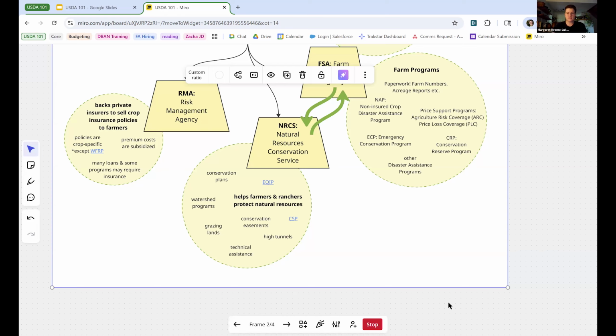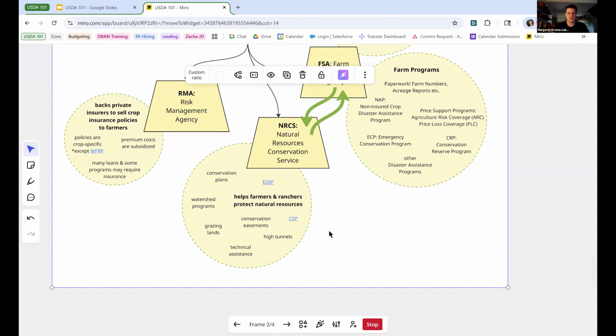And in order to address natural resource concerns on a farm, there are cost share programs, there are conservation contracts. EQIP, the Environmental Quality Incentives Program, and CSP, the Conservation Stewardship Program, are 2 that farmers may be the most familiar with.